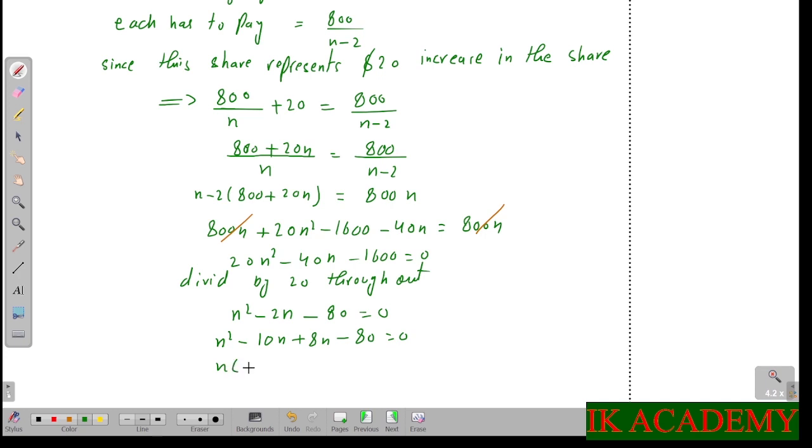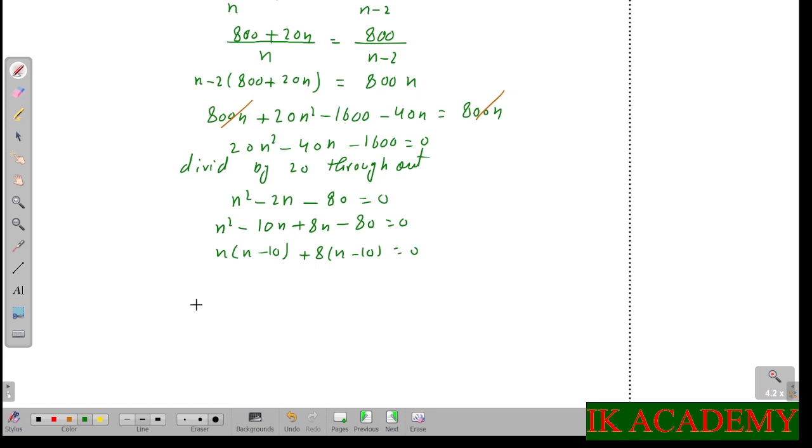Taking n common, n into n minus 10, plus 8 common in these two terms, n minus 10 equal to 0. So we can write it in product form, n minus 10 into n plus 8 equal to 0. So we have n minus 10 equal to 0 and n plus 8 equal to 0. We have n is equal to 10 and n is equal to minus 8.